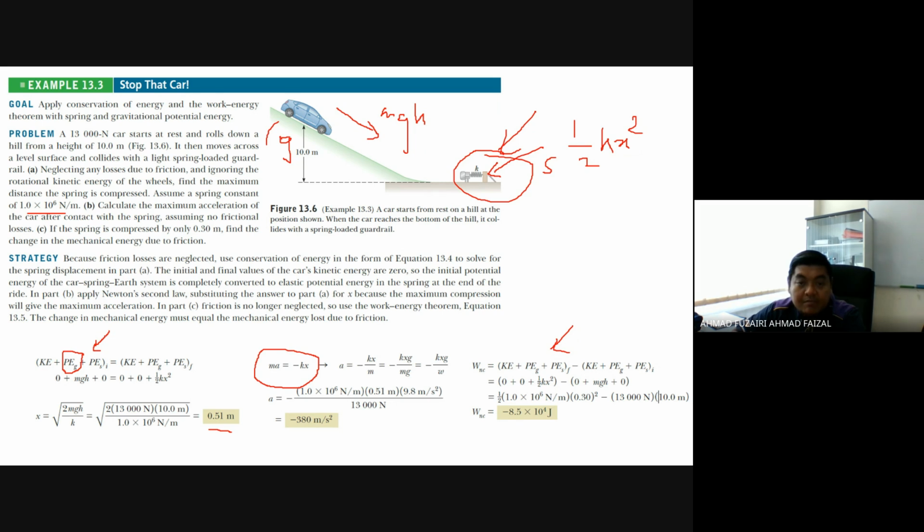When we find the difference between half kx squared and mgh, the difference is given by the friction, which is negative 8.5 times 10 to the power of 4 joules. Due to what? Due to the loss in energy.